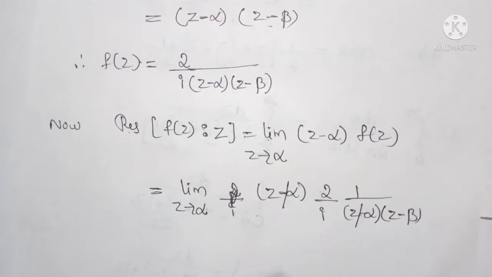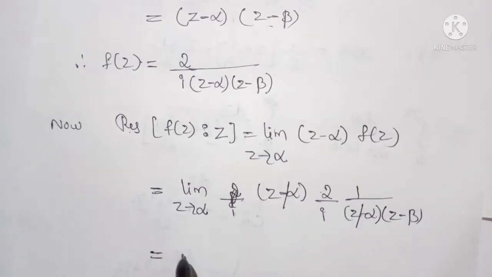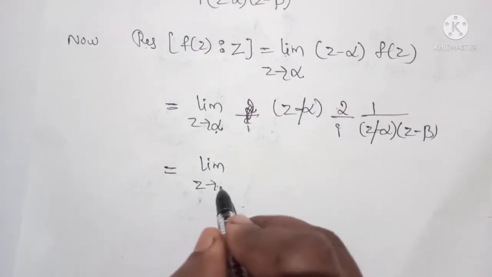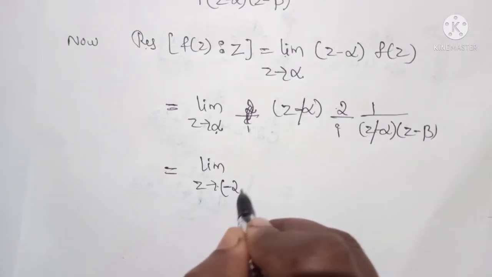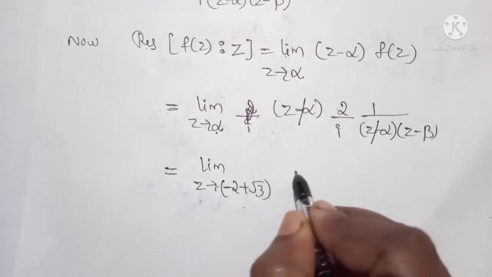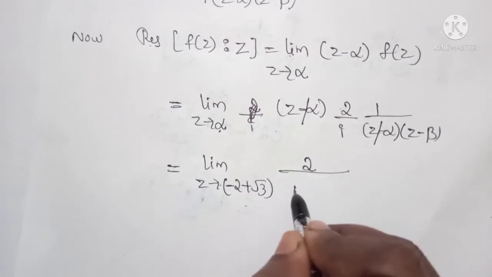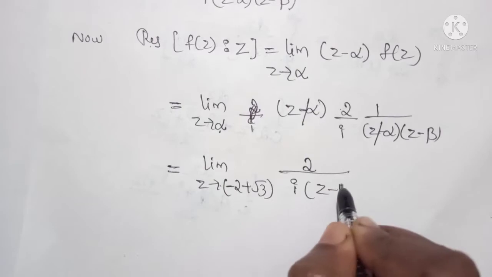Z minus alpha cancels, so we get the limit as z tends to alpha, where alpha is minus 2 plus root 3, of 2 by i into 1 by z minus beta.